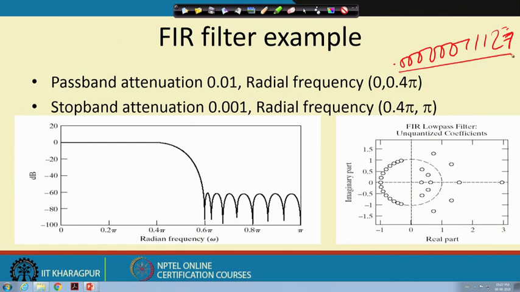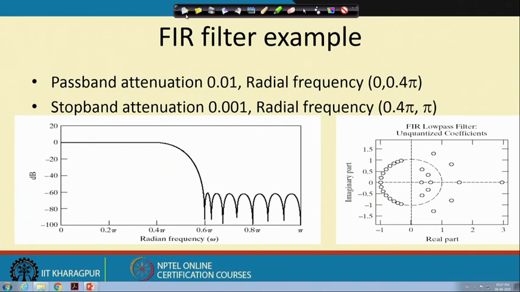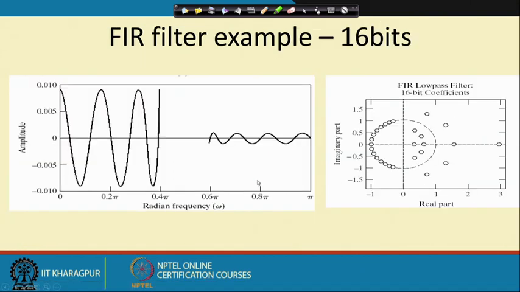If this is the real value of the coefficient that I consider, then this is the corresponding pole-zero location I am getting. This is the actual pole-zero location of this particular FIR filter. Now, if I take fixed point coefficients, what will happen at that time?